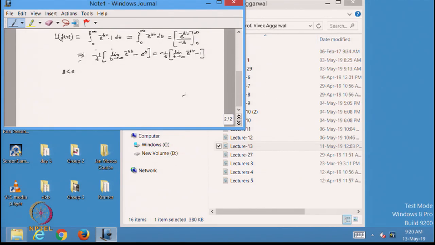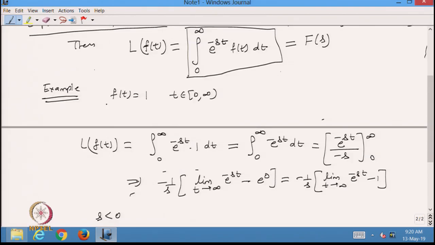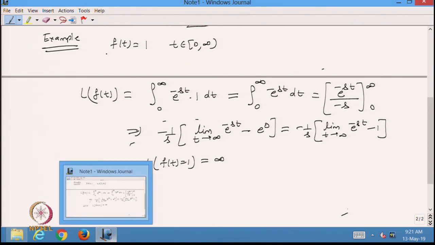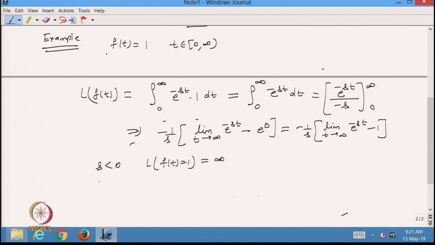If s is negative, then this will be a positive value, and if I put the limit t tends to infinity, then the Laplace transform of f(t) equal to 1 will be infinity. Even if I take s equal to 0, it is also infinity. So, this is the case.